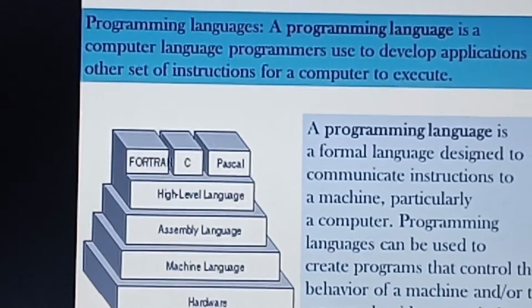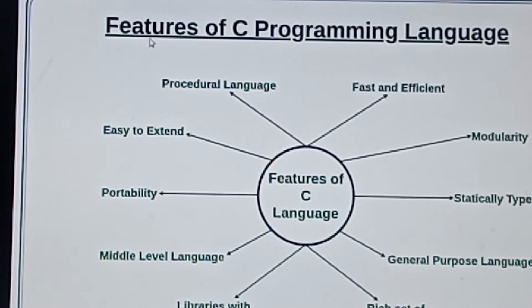Clear? Then I learned features of C programming language. কি features আছে? C is a procedural language, fast and efficient.